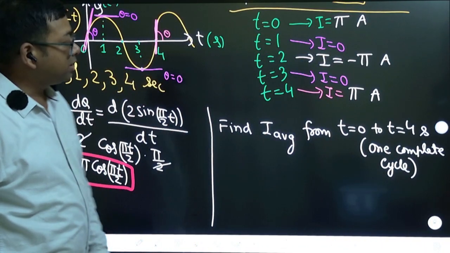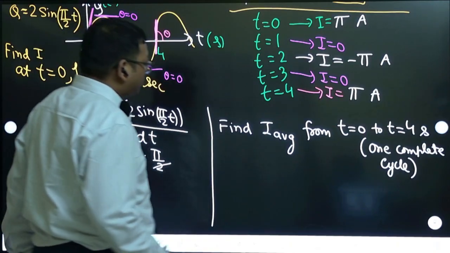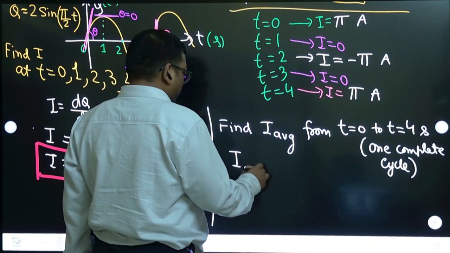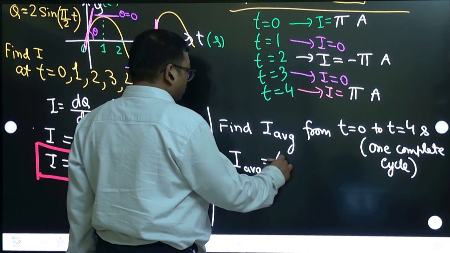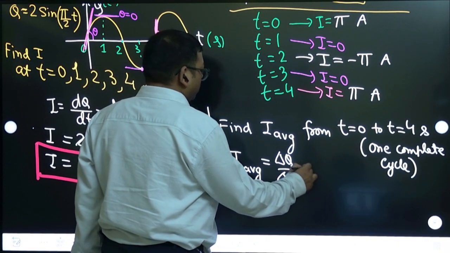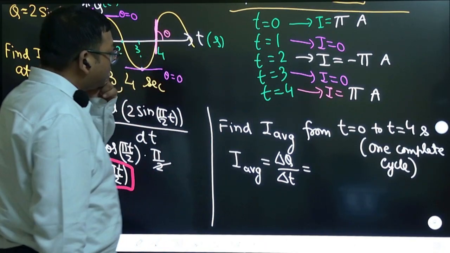If they ask average current, so what is average current? Average current is delta q by delta t.